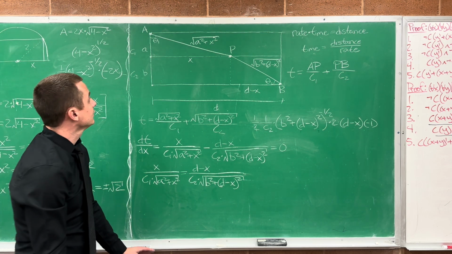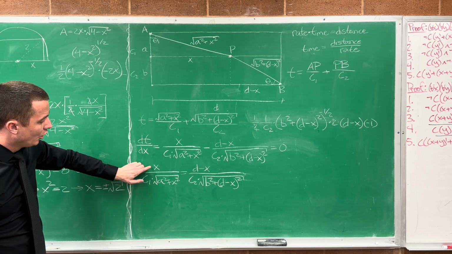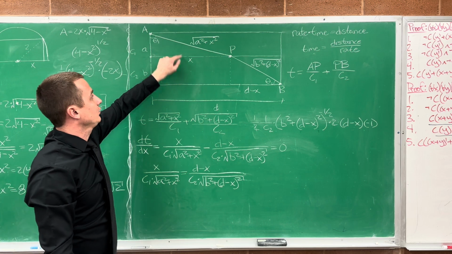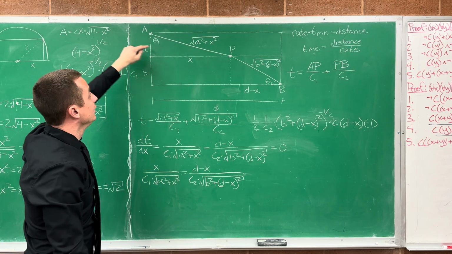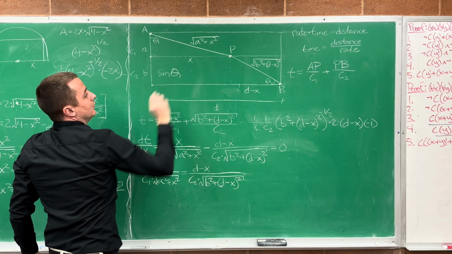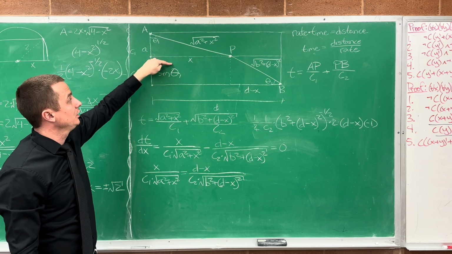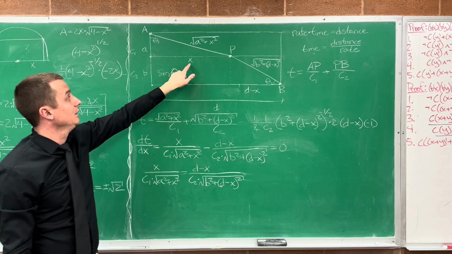But let's notice something. Without the c1 here, what is x over the square root of a squared plus x squared? That is exactly the sine of theta 1. What's the sine of theta 1? It's the opposite over the hypotenuse. It's this over that.